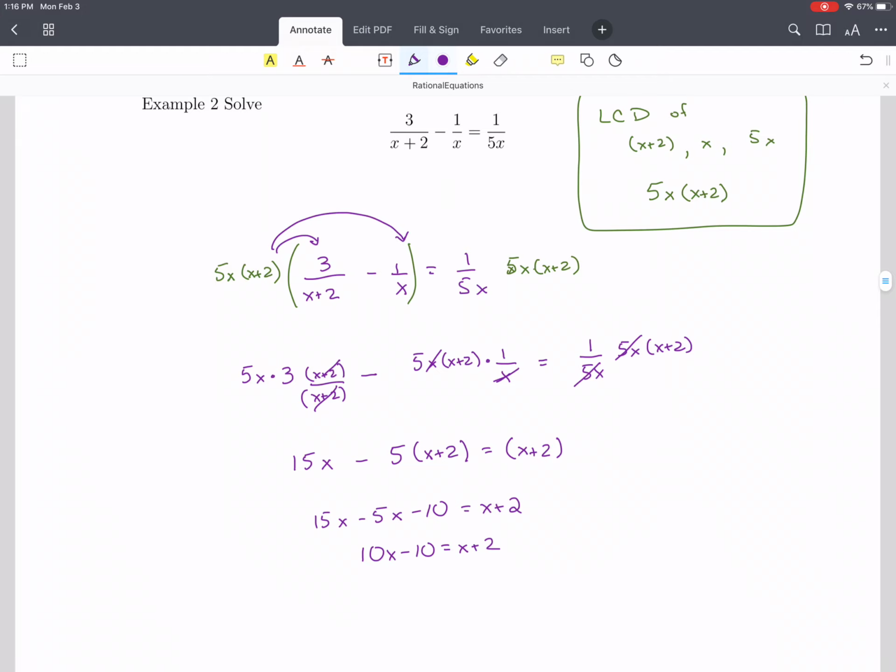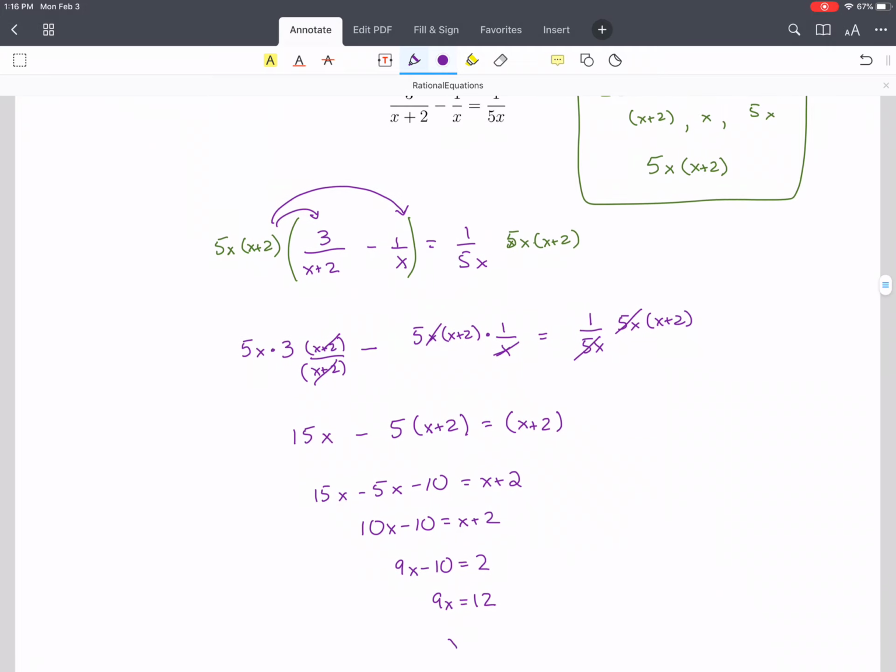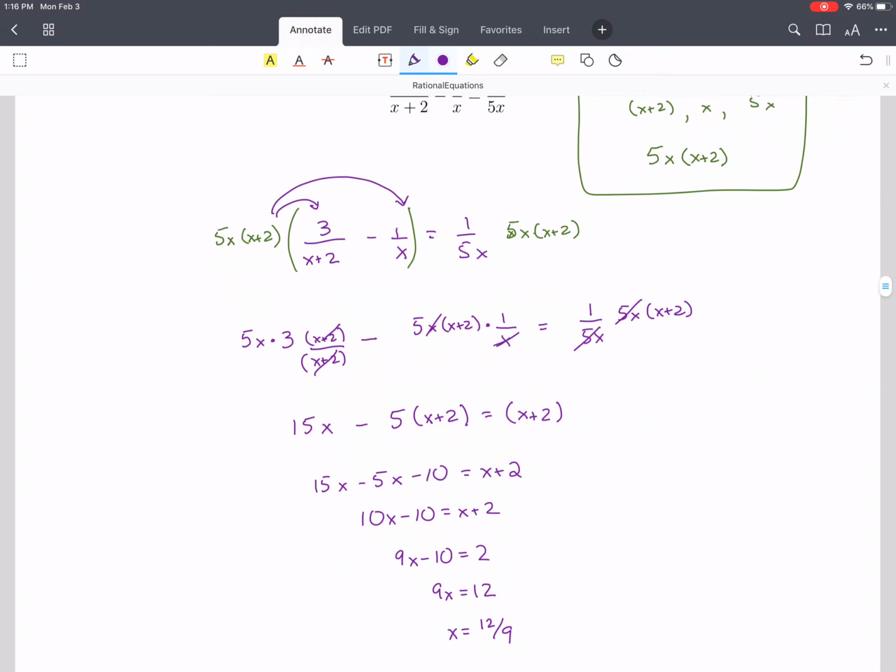If I subtract x from both sides, I get 9x minus 10 equals 2. If I add 10 to both sides, I get 9x equals 12. And then if I divide both sides by 9, I get x is 12 over 9. I can simplify that to x is 4/3.